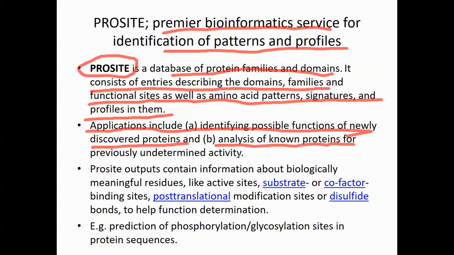What does a profile give us? ProCite outputs contain information.